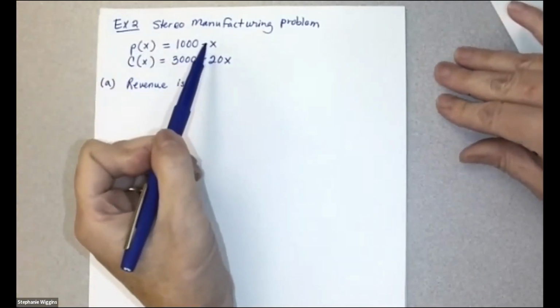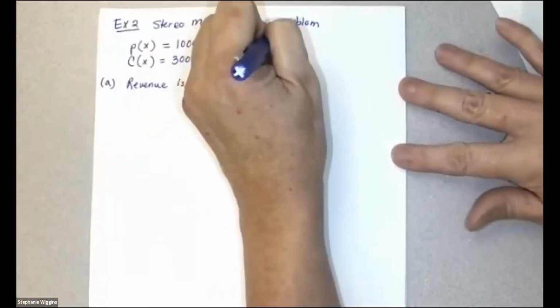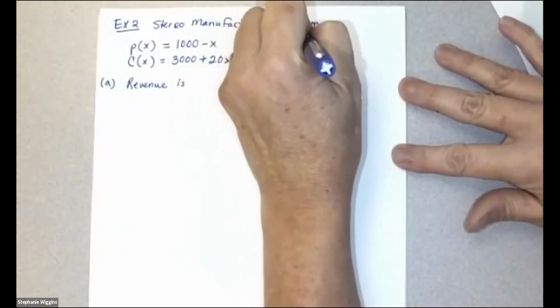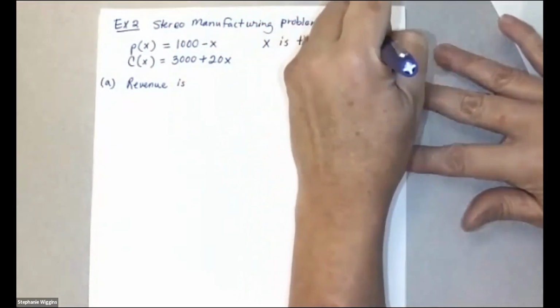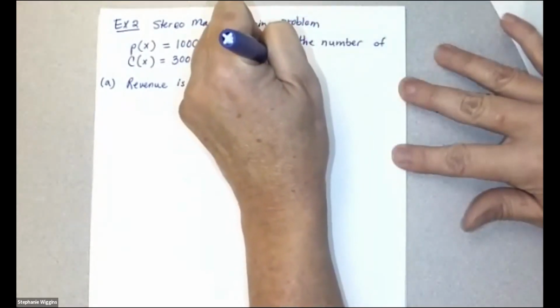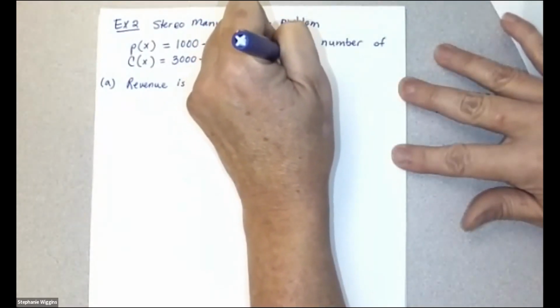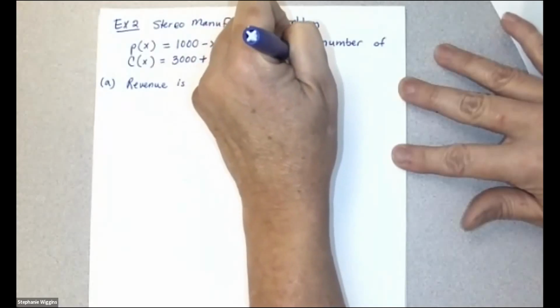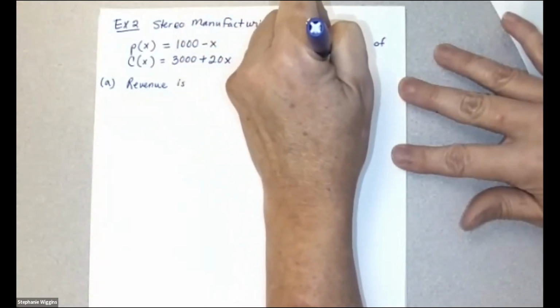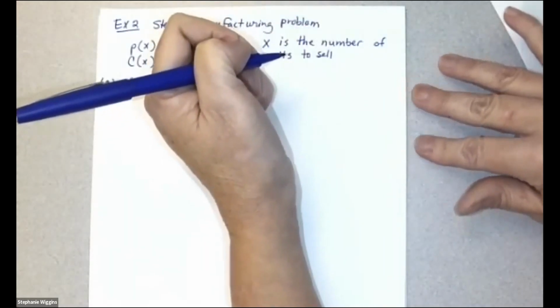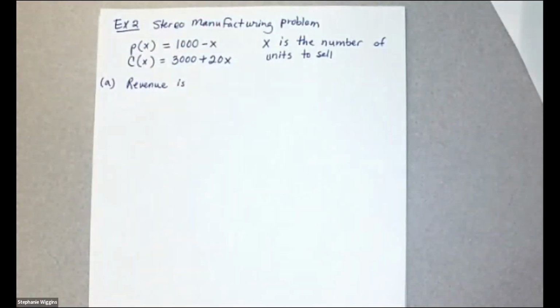And so if you have X, and I forgot to write this down, X is the number of units to sell.